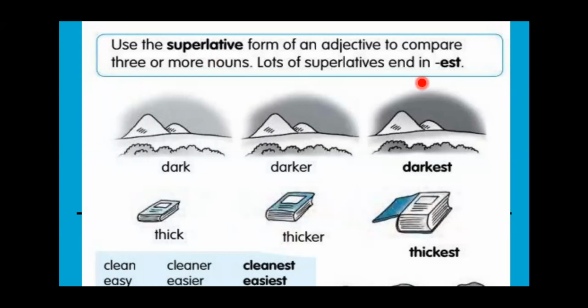So lots of superlatives end in est. See over here, dark. The adjective is dark. Then the comparative form is darker, where you added er to the same word. And then when I add est, it becomes the superlative form, darkest.